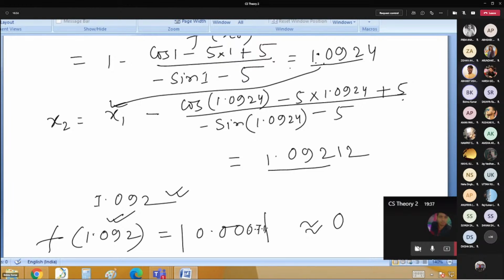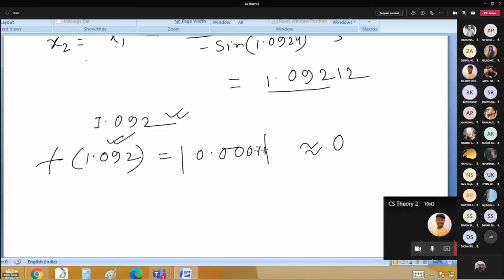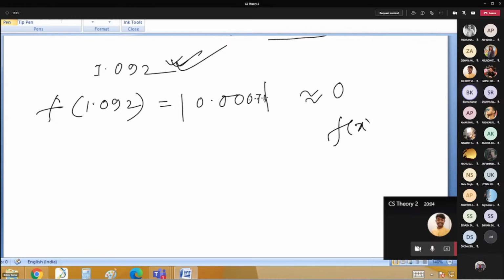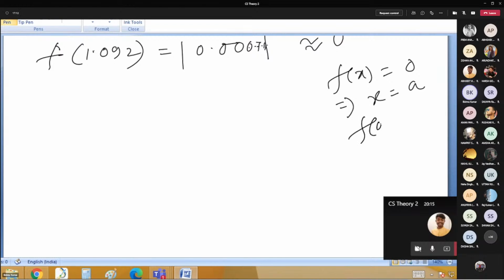Sir, in the last step, we are putting the value 1.092 in the above equation. This is actually for verification purpose. I told you, this is the solution, up to this much is the answer. The logic is, any equation f(x) = 0, mathematically, if you get the solution x = a, then f(a) will be 0, isn't it?